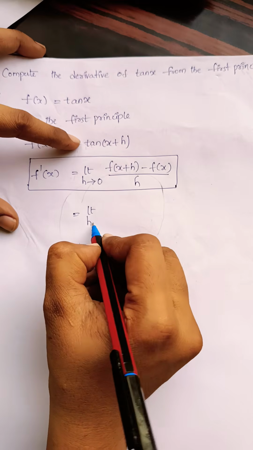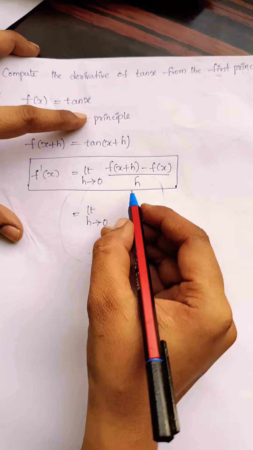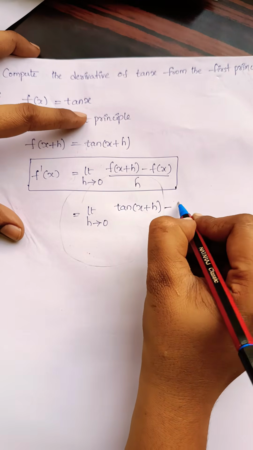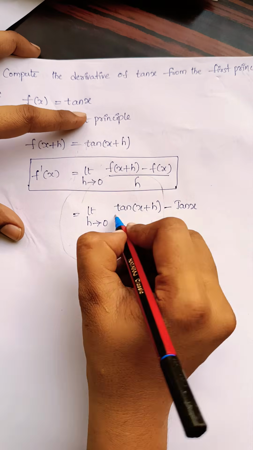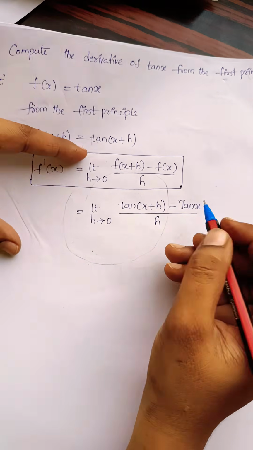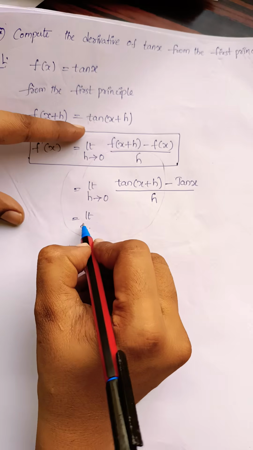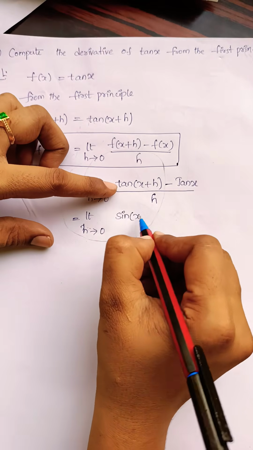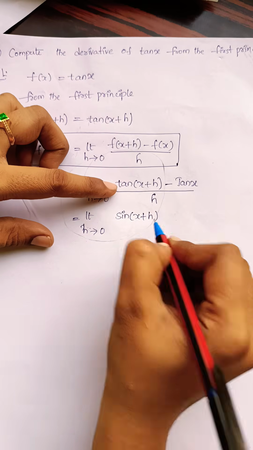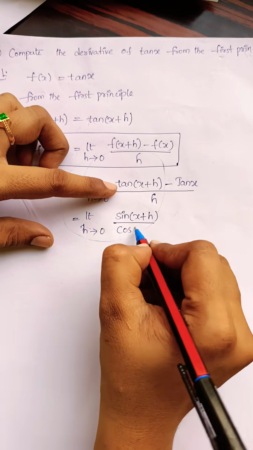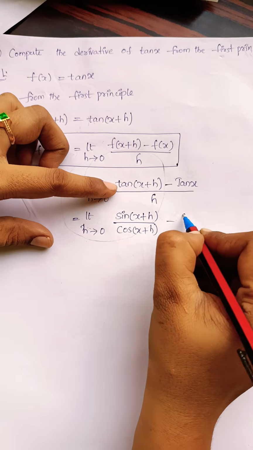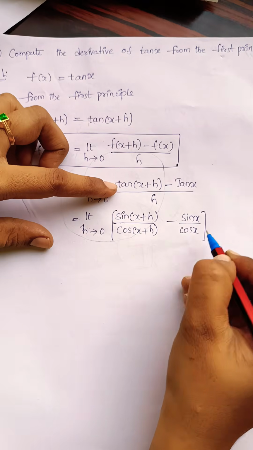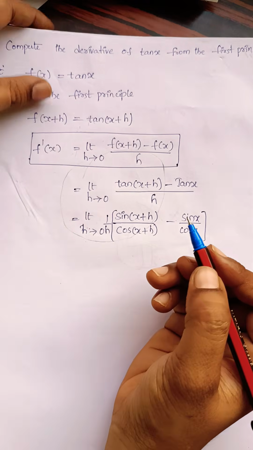Limit h tends to 0. Here the function is tan, so tan of x plus h minus tan x, divided by h. We can write tan as sin divided by cos: sin of x plus h divided by cos of x plus h, minus sin x divided by cos x, times 1 by h.